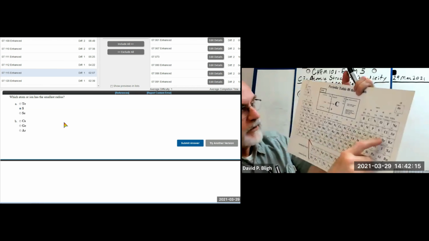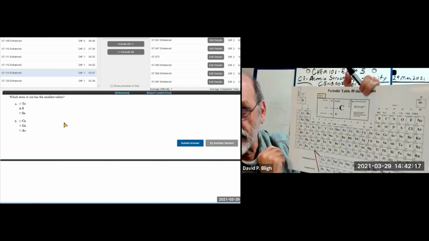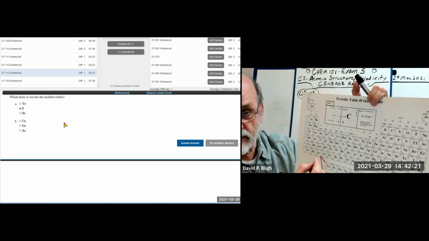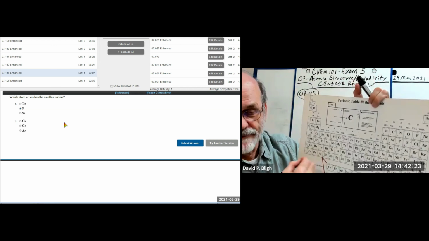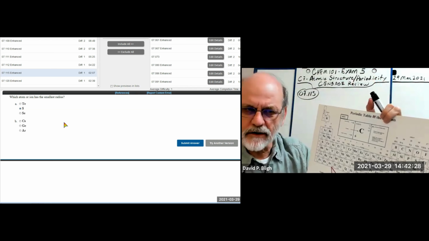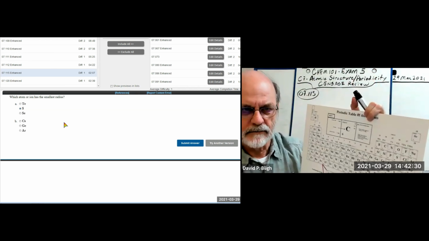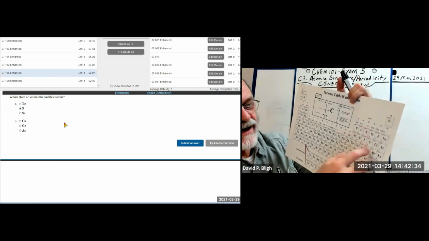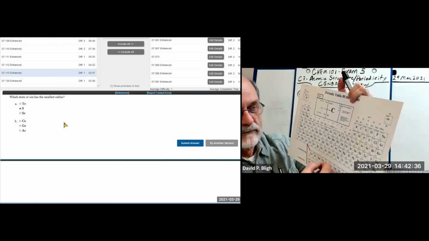There's no place for it to go in the 3rd period. It has to jump to the 4th period to accept that electron. Well, actually, it doesn't say whether you add an electron or subtract an electron. If you subtract an electron, then it'll get smaller.